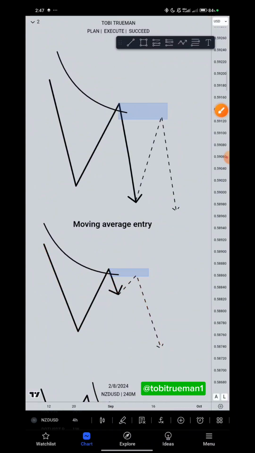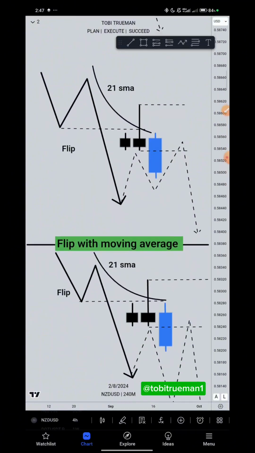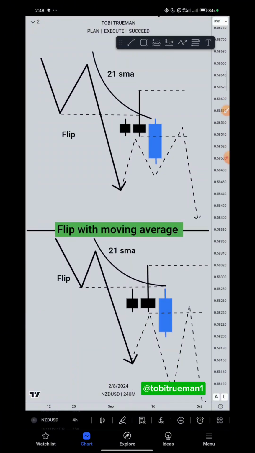Now the thing is, when we combine the moving average and the flip together, meaning that if the two entry models just happened at a particular point, that point is going to have a high probability of playing out. Okay, if you can say moving average on its own has a probability of playing out of maybe 70%, then flip zone, the probability of playing out is also 70%.